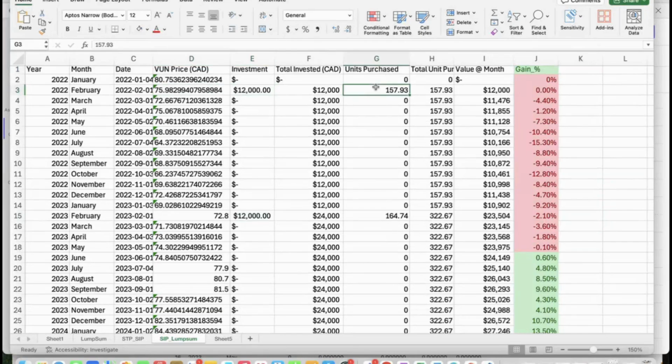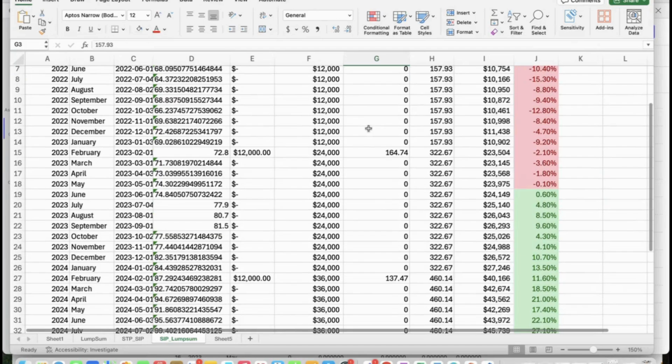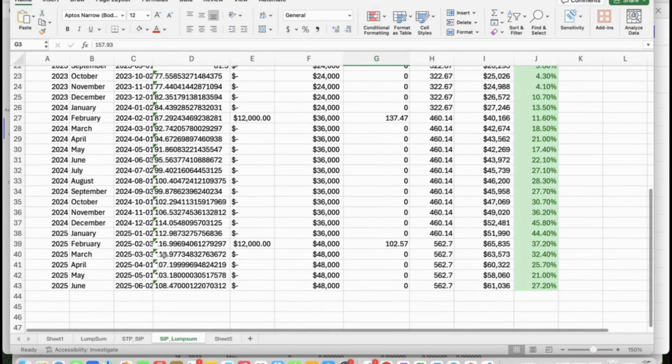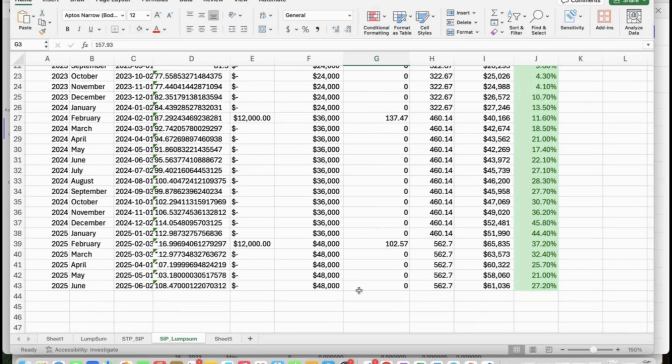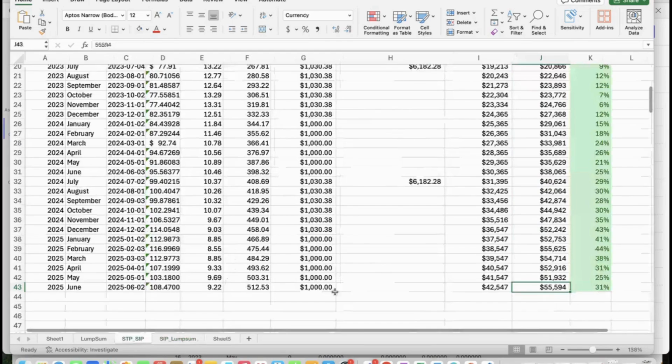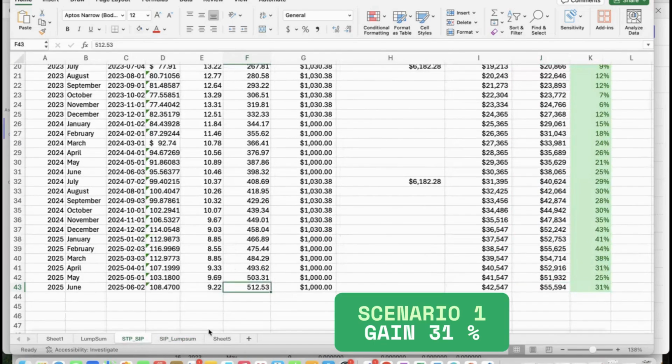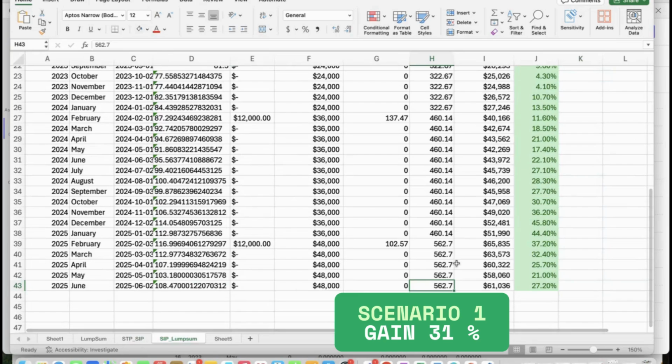So you'll be getting that many units purchased, till the same June 2025. So total units purchased will be 562, and the other one was 512. So actually you purchase more units than the other one.